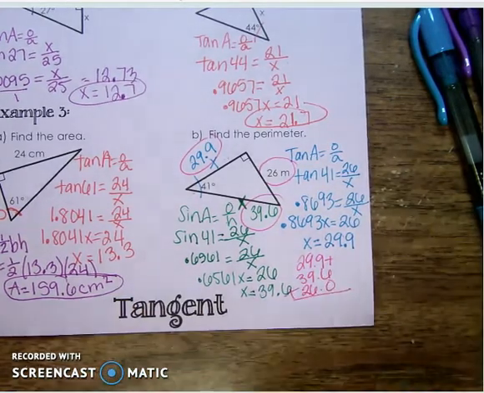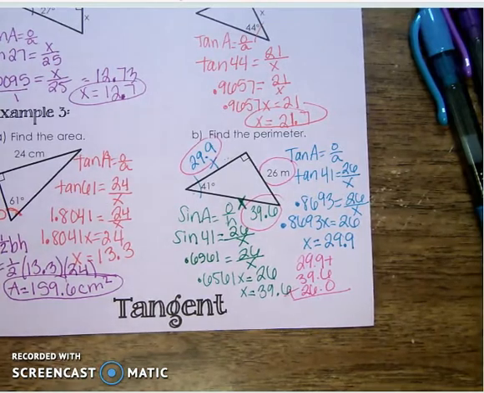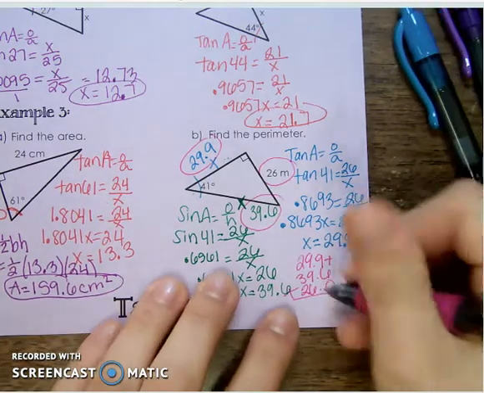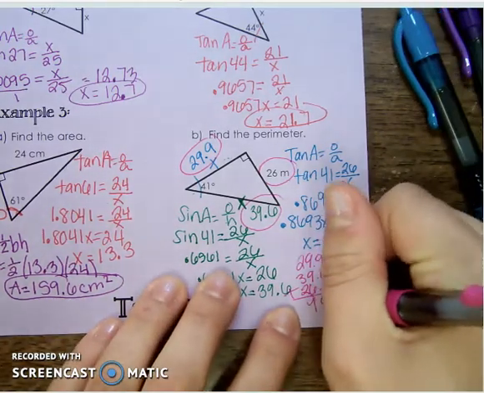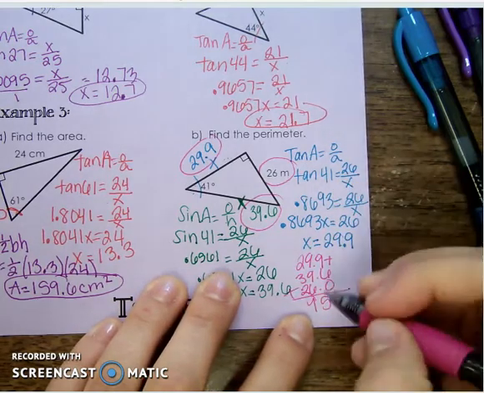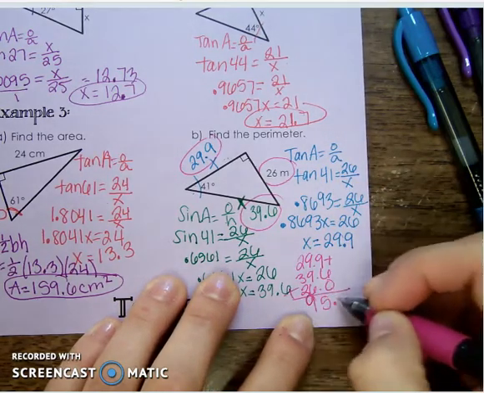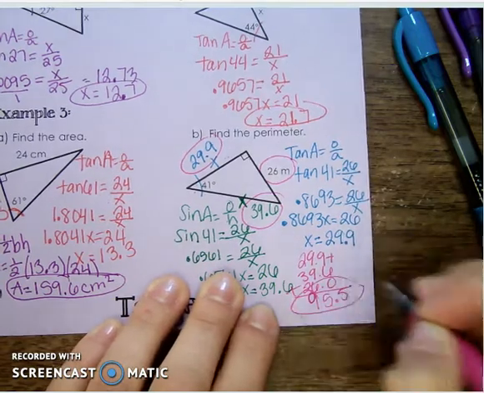Adding them all together equals 95.5, which is my perimeter.